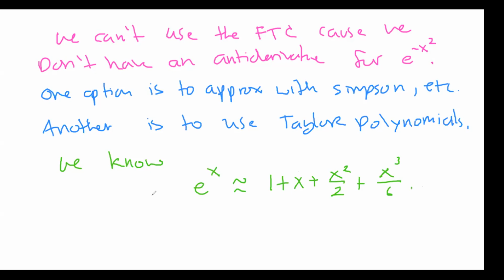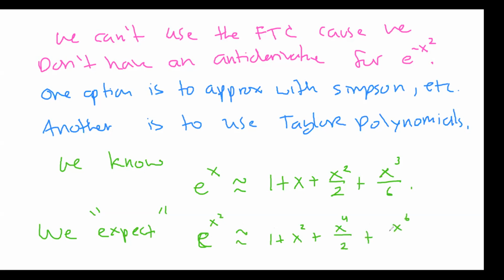Again, this goes back to Jeff's question about how accurate these things are. But if I replace x with x squared, then I should expect that e to the x squared is something like 1 plus x squared plus x to the 4th over 2 plus x to the 6th over 6.